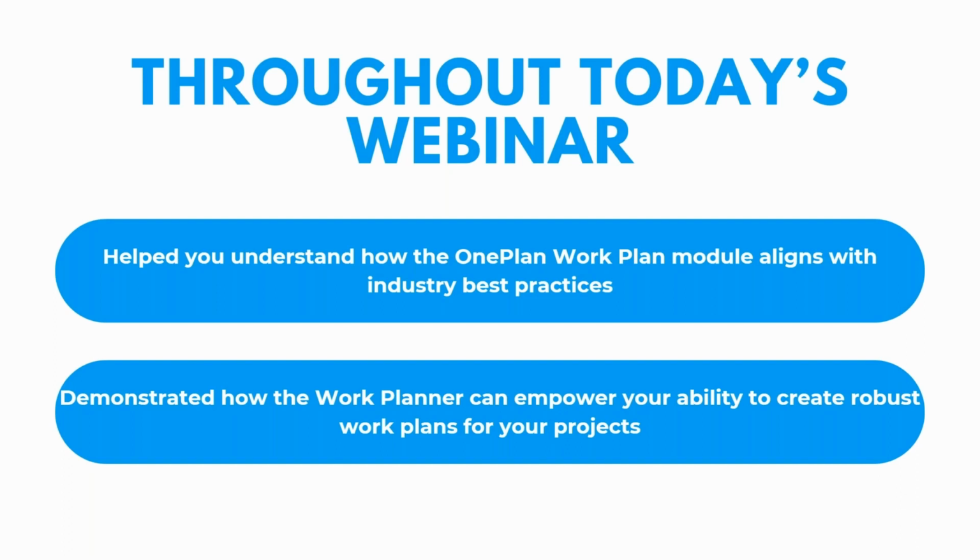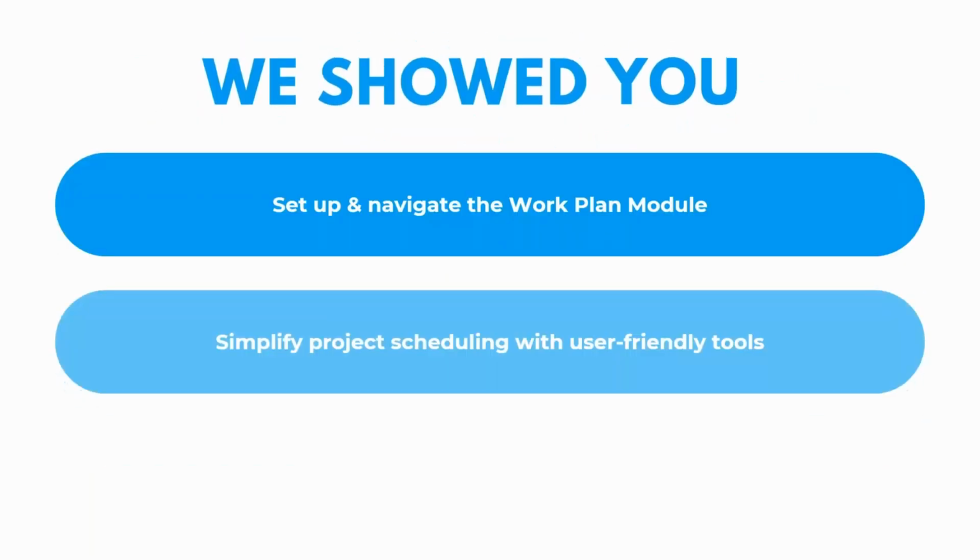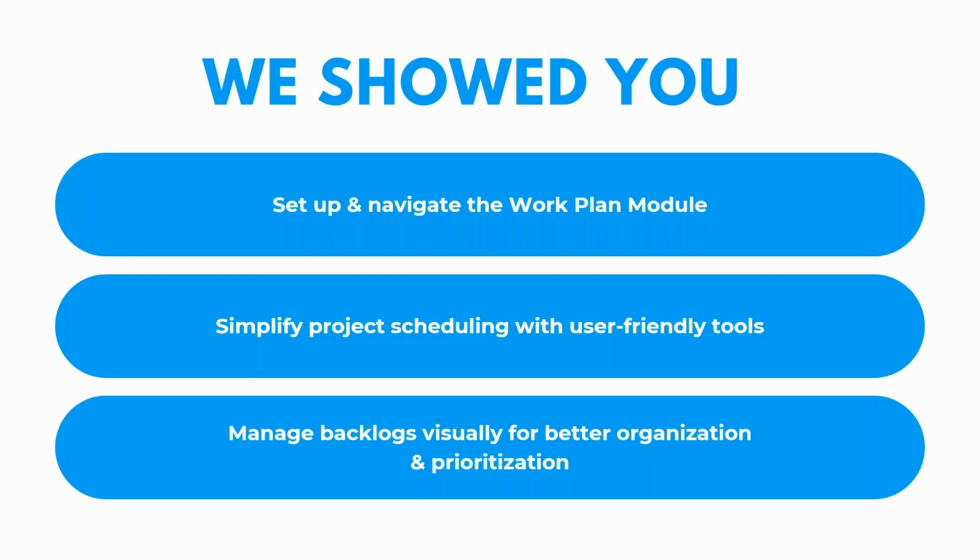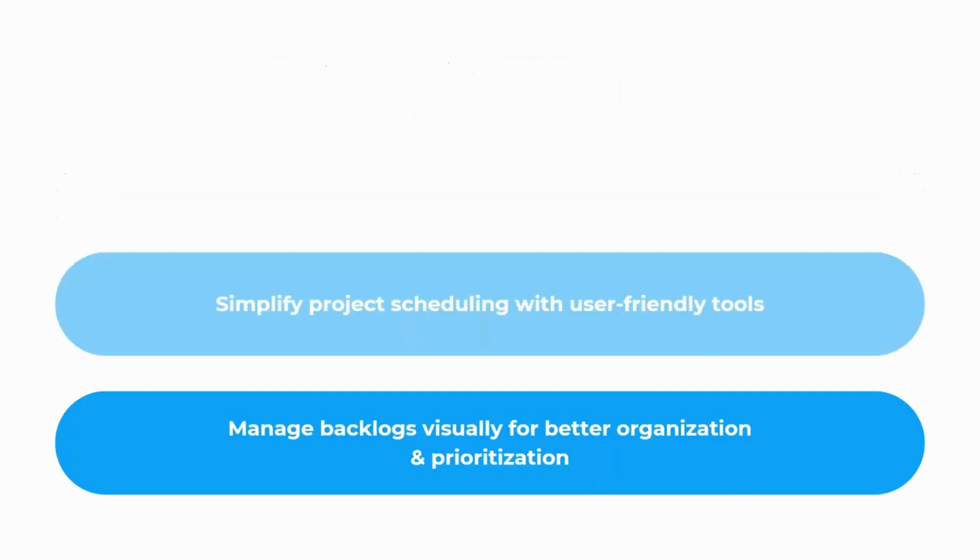We walked you through the basics of setting up and navigating the work plan module, including the different ways you can simplify your project scheduling with user-friendly tools, or tools that you already are used to using, and how you can manage backlogs visually, the boards. We can get into that a little bit another time, but there are different ways that you can visually represent and see what you're doing. Tina showed that to you at the very beginning.